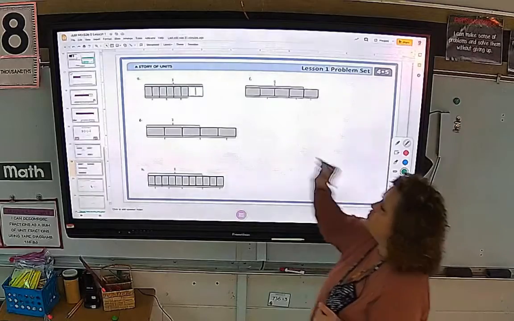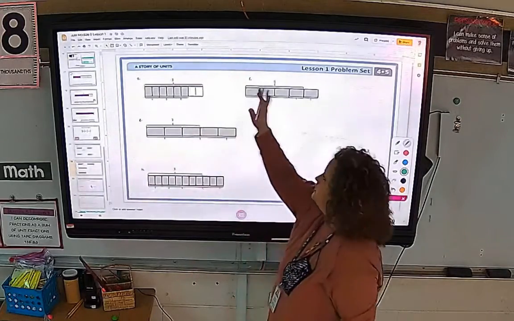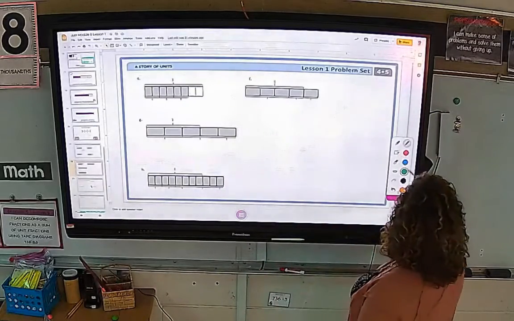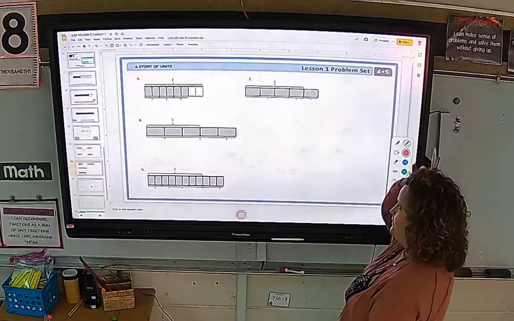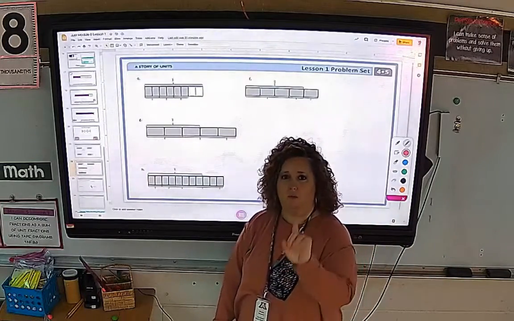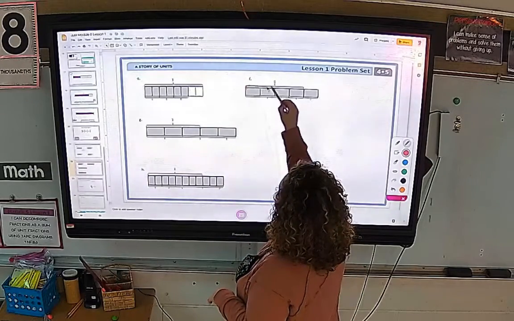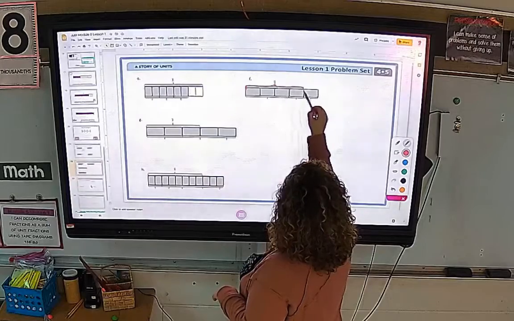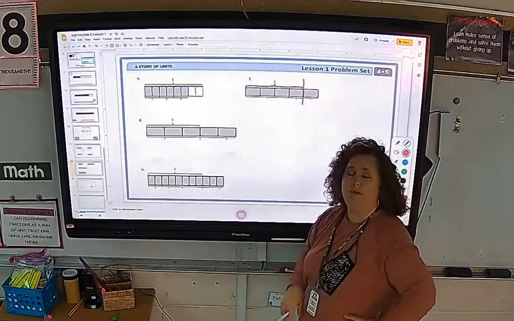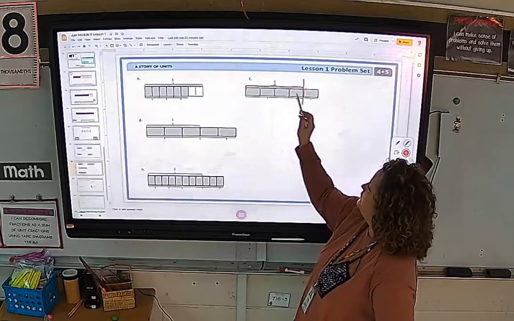Okay, so we're going to jump over letter E. Letter E is kind of like the ones we've just been doing, but we're going to do F and G together. So let's look at F. Remember what we always do first. How many pieces are in the one whole? Well, let's pay attention to where that bracket starts and stops. It stops right here. So if I'm going to count how many pieces are in the one whole, I've got to stop right there. 1, 2, 3, 4.